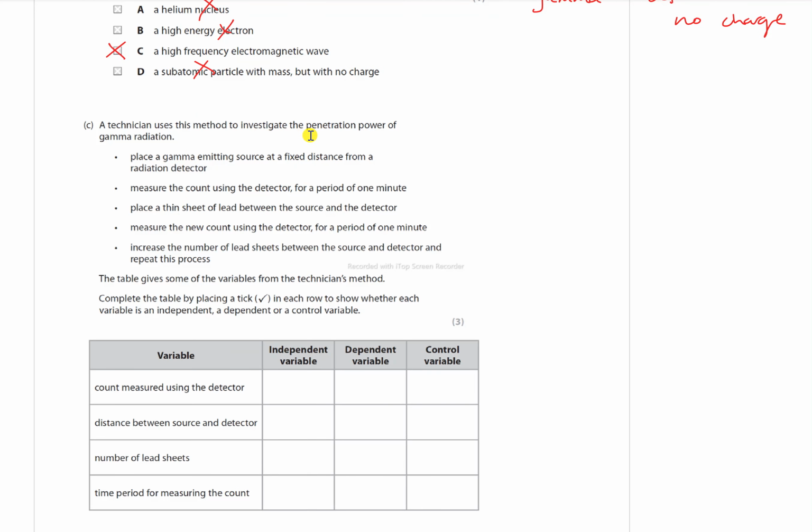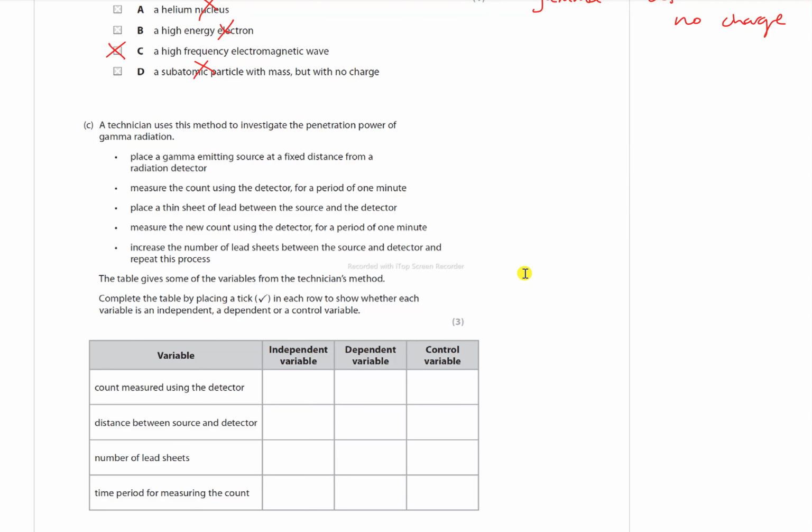A technician uses this method to investigate the penetration power of gamma. Place a gamma source, measure the count for a minute, place a thin sheet of lead, measure the new count for a minute, increase the number of lead sheets, repeat the process.